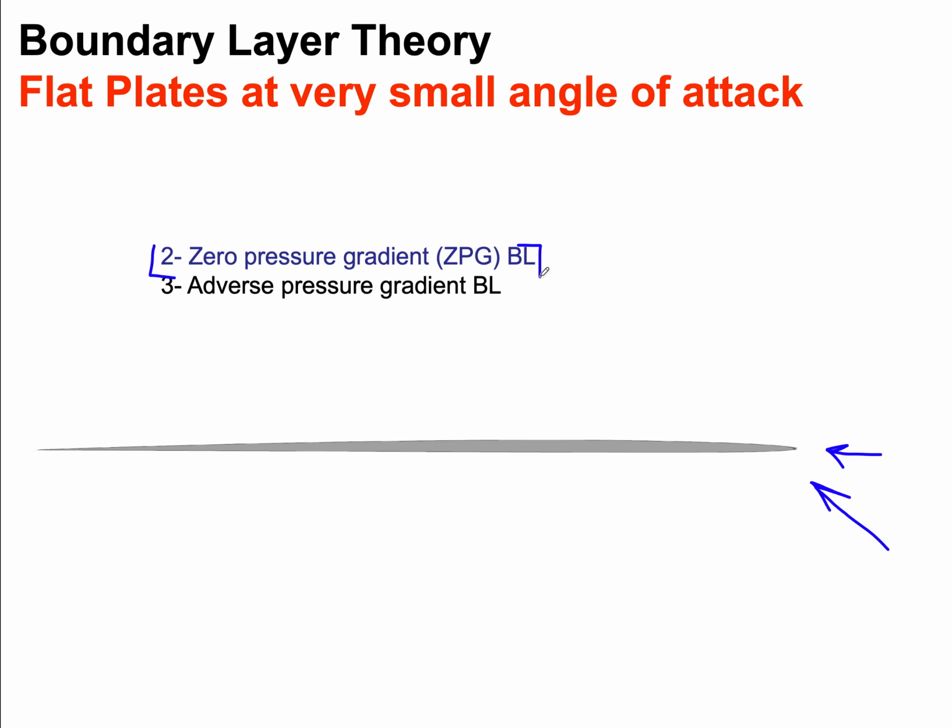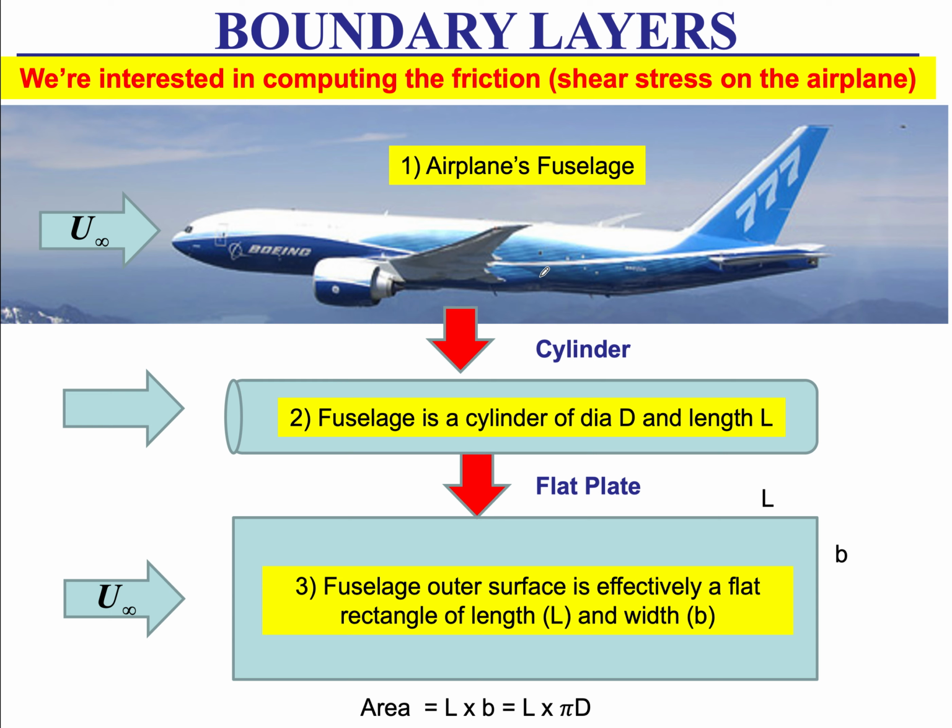Okay, so now that we have said this, let's take the most interesting example. The boundary layer has shear stress in it, and we will use the boundary layer theory to help us predict.